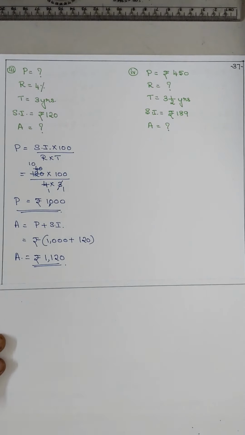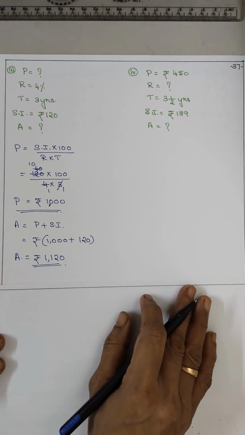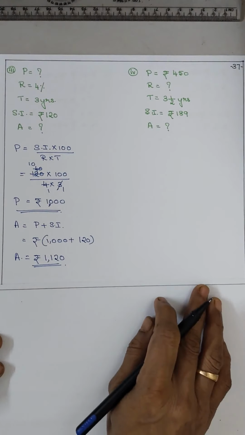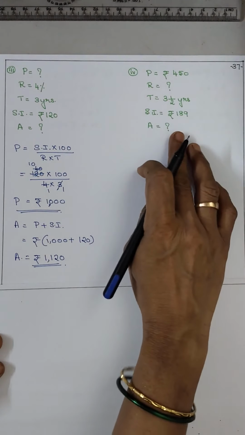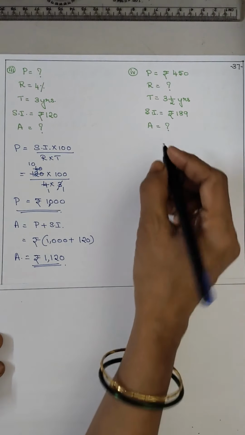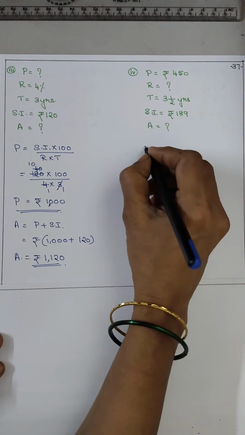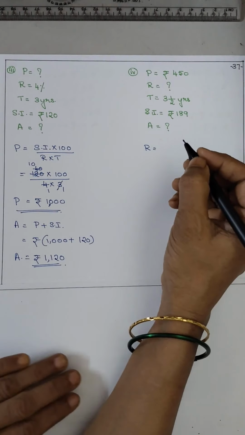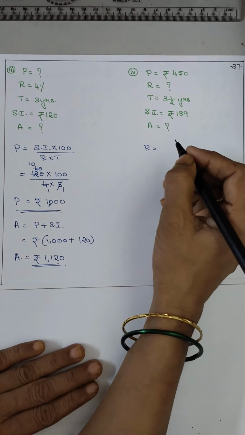Is it okay? Now coming to the fourth. Principal is given. They have asked R and A. SI is given, so no problem. So R is equal to, formula, how much?